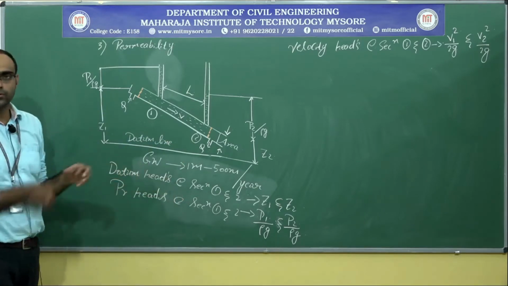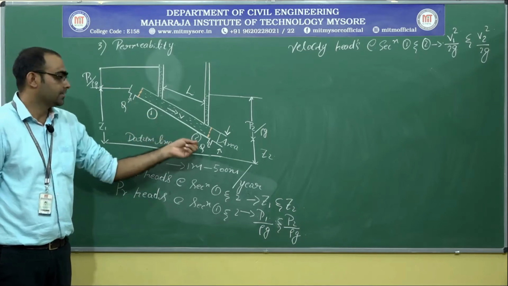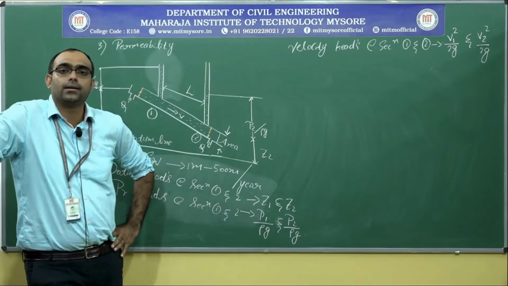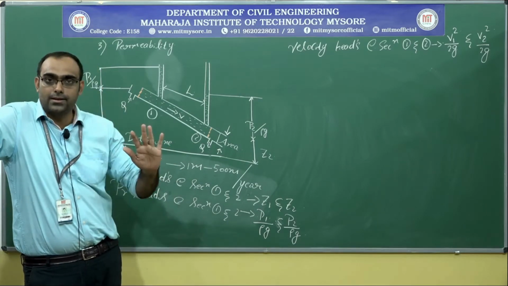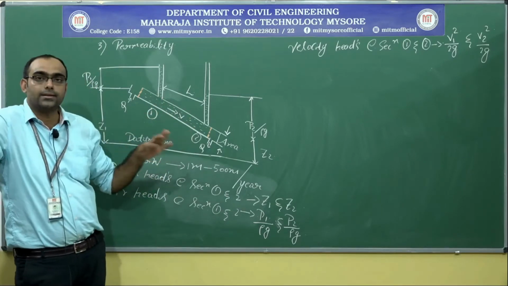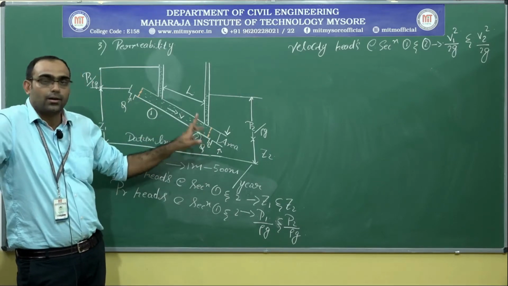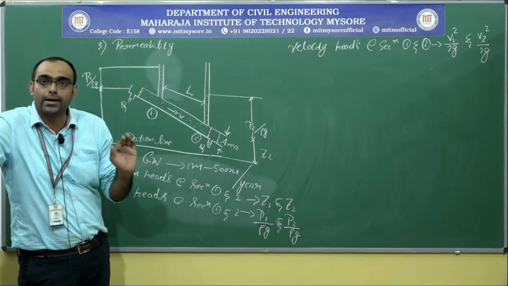Now what I am going to do is apply the Bernoulli's equation to section 1 and section 2. So what does Bernoulli's theory or equation state? It states that the total energy available at section 1 should be equal to the total energy of the groundwater at section 2 as well.